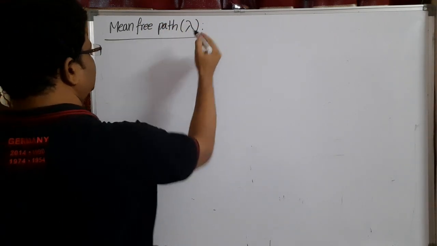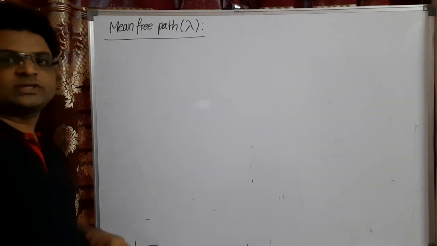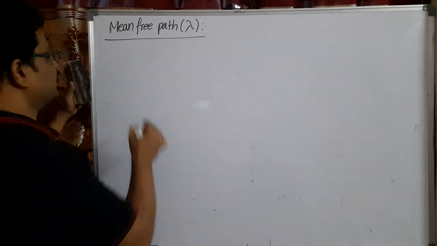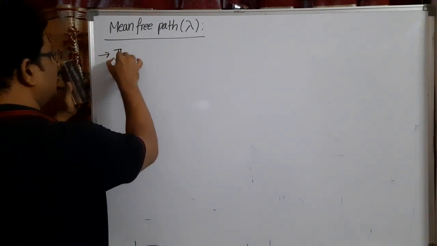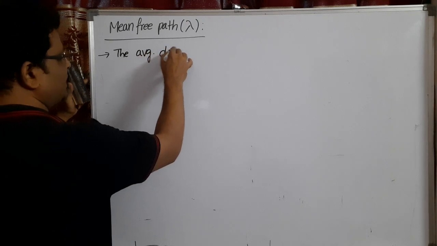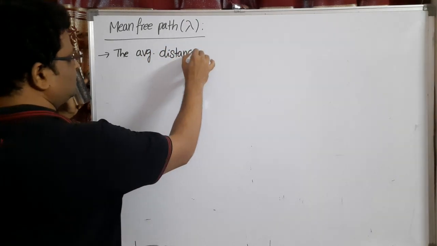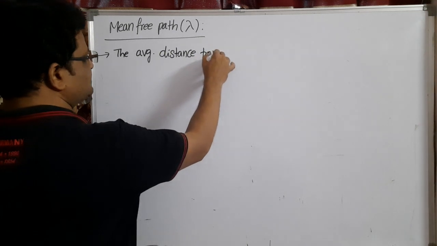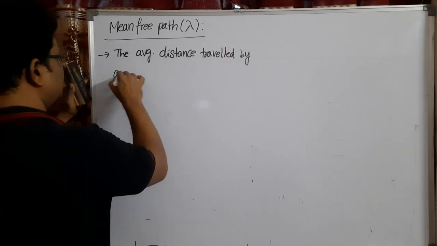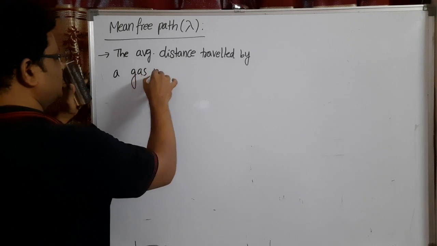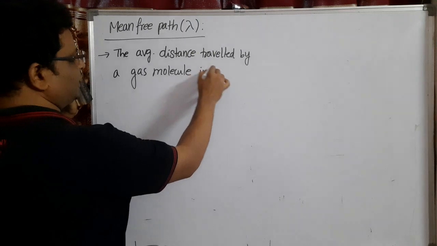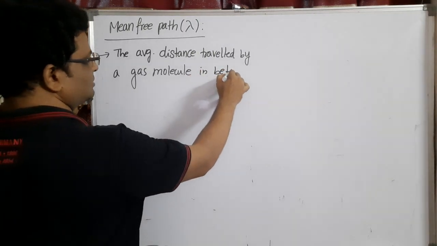Mean free path is indicated with the symbol lambda, and it is defined as the average distance traveled by a gas molecule in between two successive collisions.